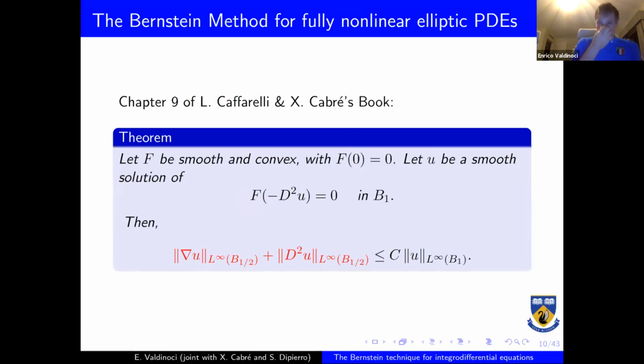So this is just to say that Bernstein method is general, it's flexible, it works for the fully nonlinear case, provided that the equation is convex, for instance. And again, you see from this result that in the classical case, you bound first and second derivatives with respect, for instance, of the L infinity norm of the solution itself.